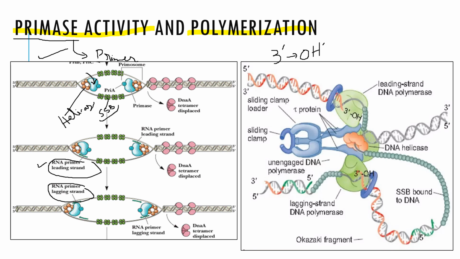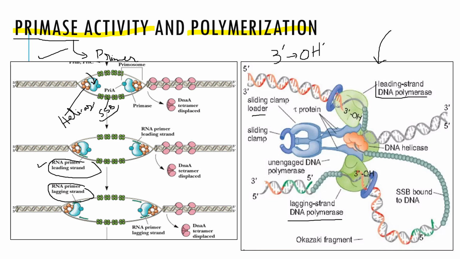Now in this diagram you can see there is a sliding clamp and a sliding clamp loader, there are the 3 arms, and they are working together. As you can see, this is the leading strand and here this is the lagging strand.